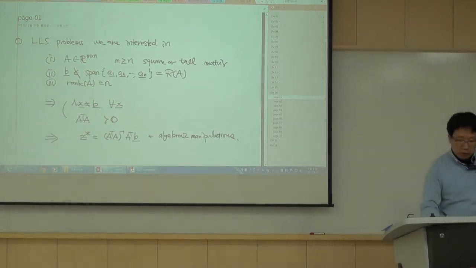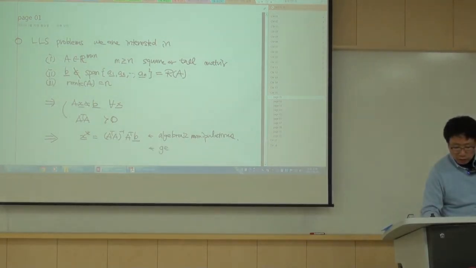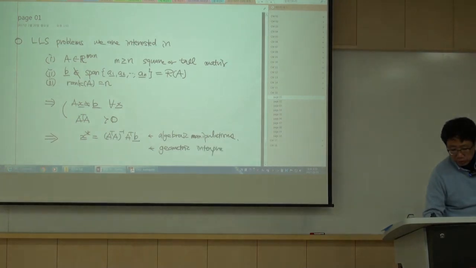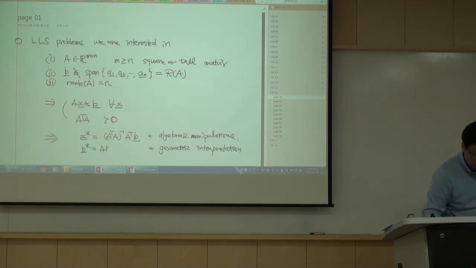But to make a geometric interpretation, we define b star, that is A x star, then we have A times A transpose A inverse times A transpose b.